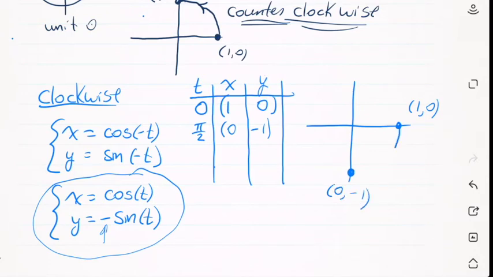So the orientation of this circle is clockwise, starting at 1, 0 and going around clockwise on our unit circle. So where this one is counterclockwise, our normal setup, cosine of t, minus sine of t is going the opposite direction.